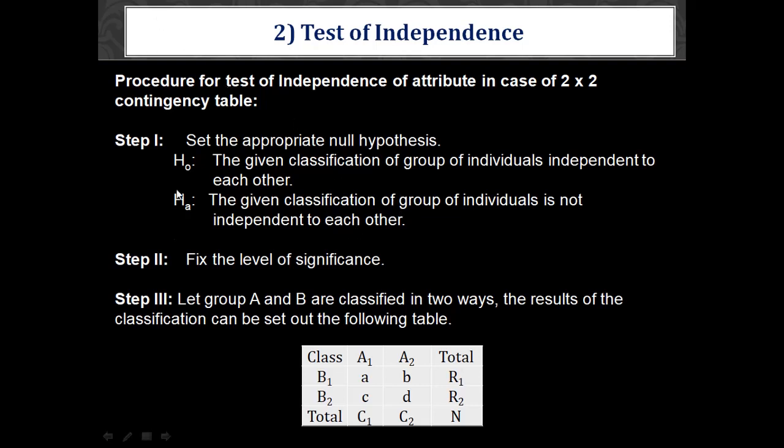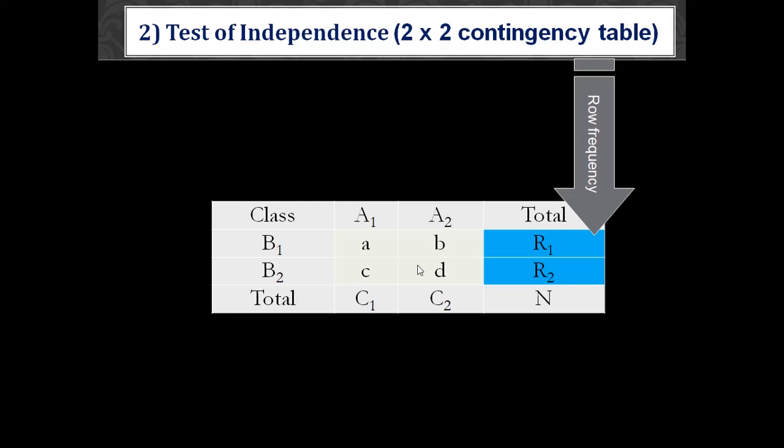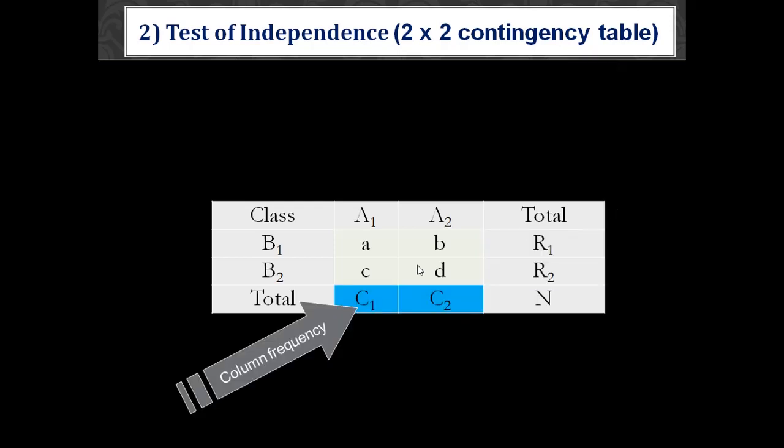These are the steps which we normally follow to calculate. Now this is an example of 2 by 2. We have 2 rows, 2 columns. When you have 2 by 2, it's very easy to calculate the chi-square.